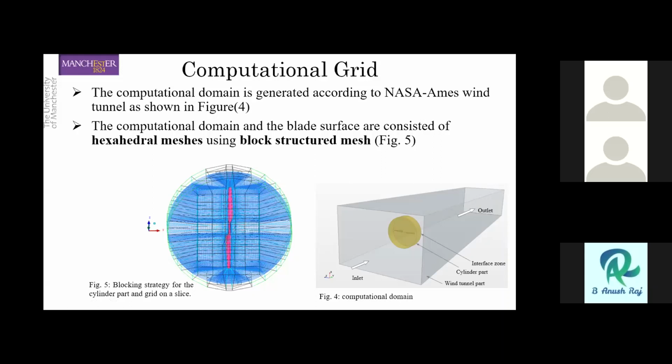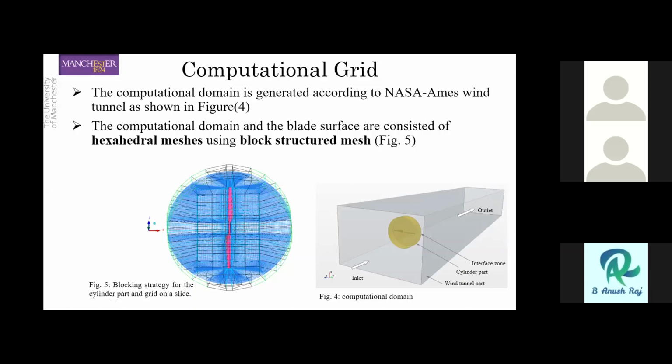The two-bladed rotor, this one here, is positioned in the middle of the wind tunnel at a distance of 20 meters from the wind tunnel inlet, according to 2 times the rotor diameter.